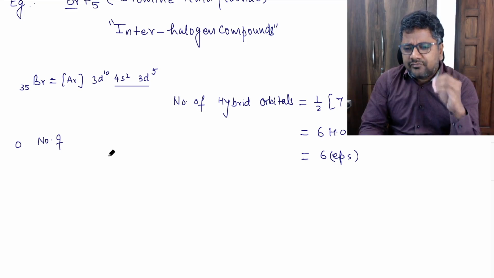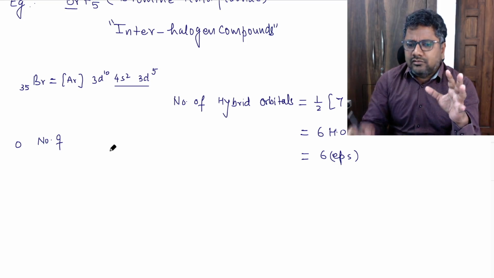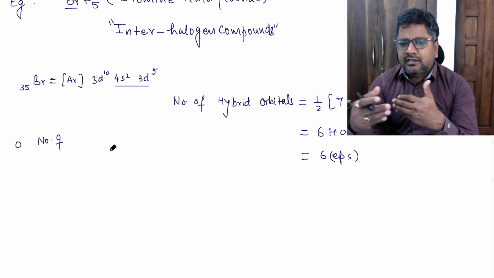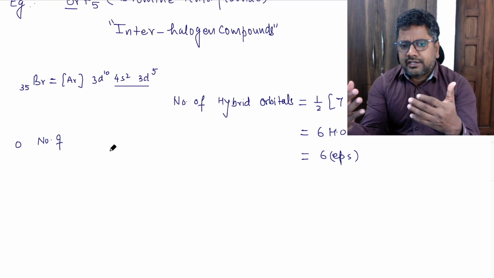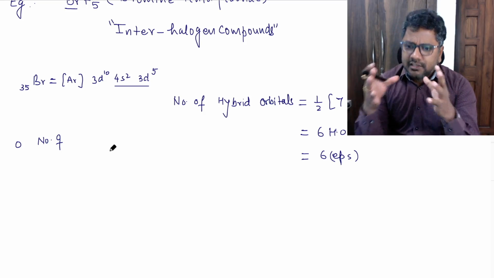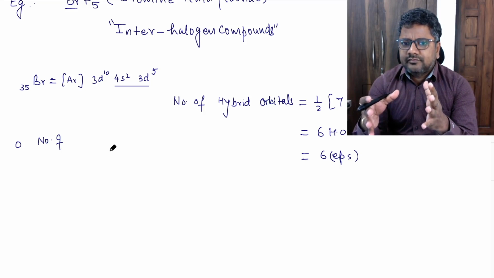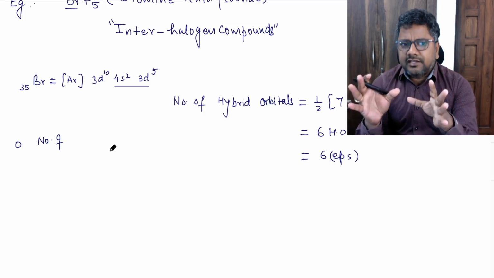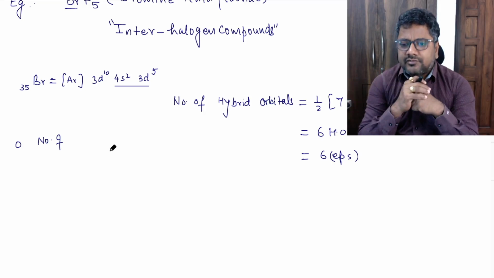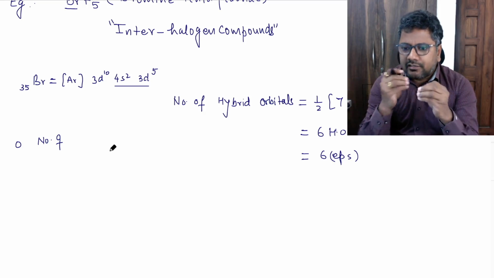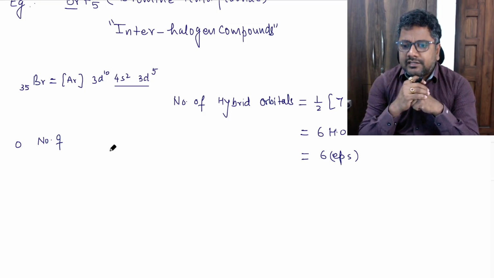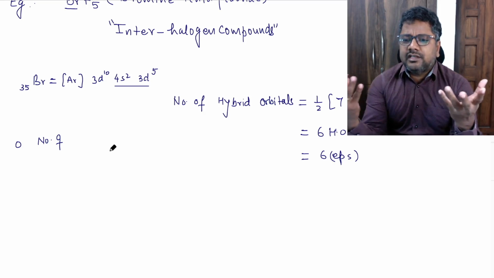Do each and every aspect of the molecule. Don't hurry through so many molecules with this type of workout. Do a few molecules, 5 to 10 molecules, but do each and everything. What is the electronic configuration of the central atom? How many electrons is it contributing? Because any question can be asked by the examiner.